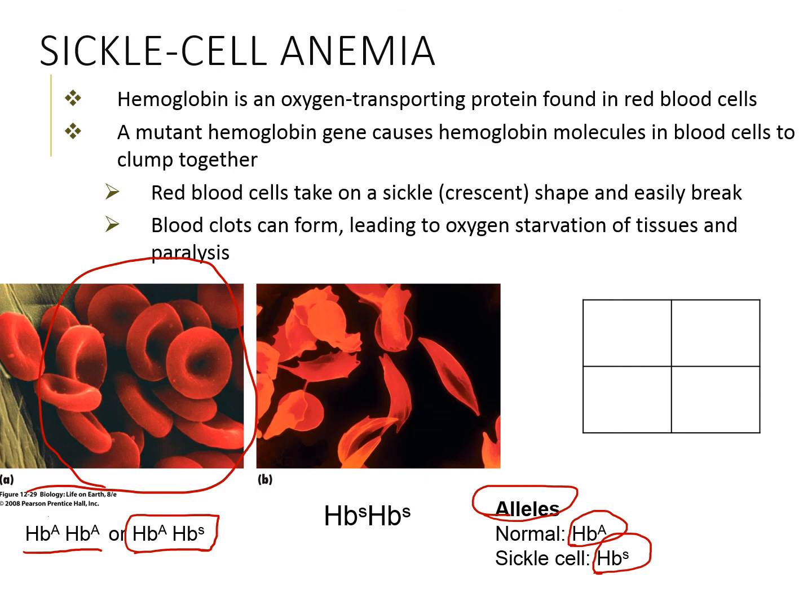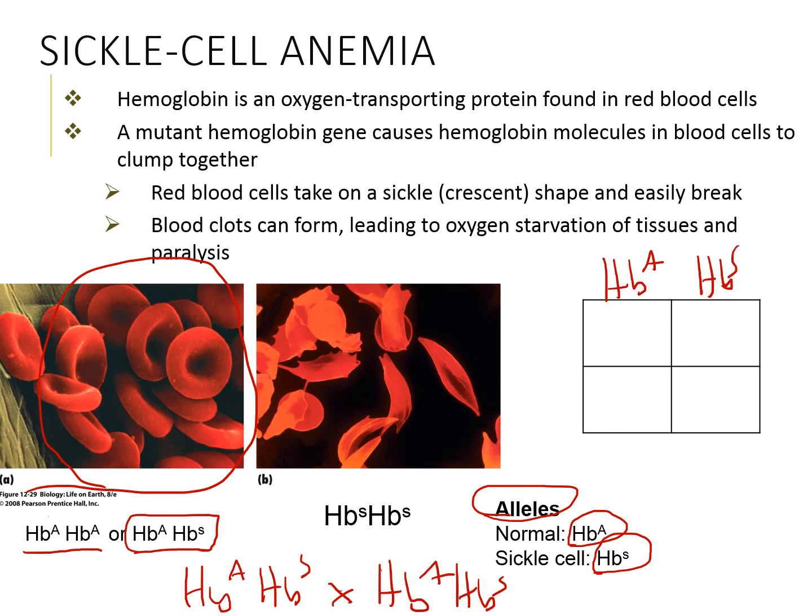And so again, if we have a Punnett square here and we crossed two heterozygotes, so HbA, HbS crossed with HbA, HbS. So we fill in the potential gametes for each parent, HbA, HbS, that's for one parent, and then the other one, it's the same thing, HbA and HbS.